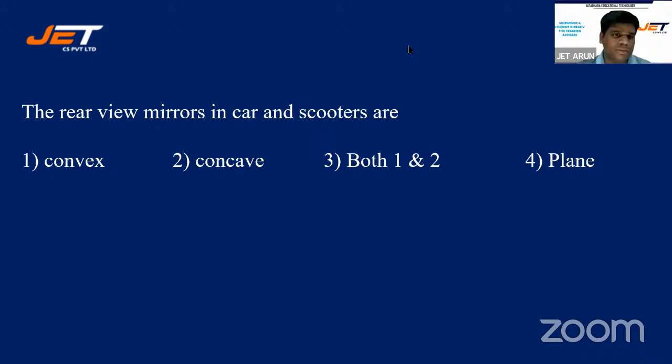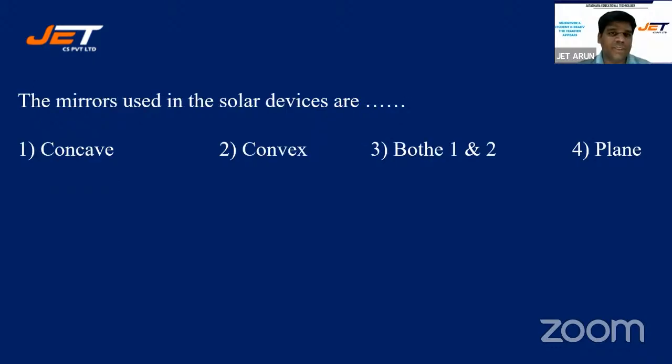Yes, absolutely right. Everyone is absolutely right. It's convex. Good going. Mirrors used in solar devices are concave, convex, both 1 and 2, or plane. In solar devices, students.